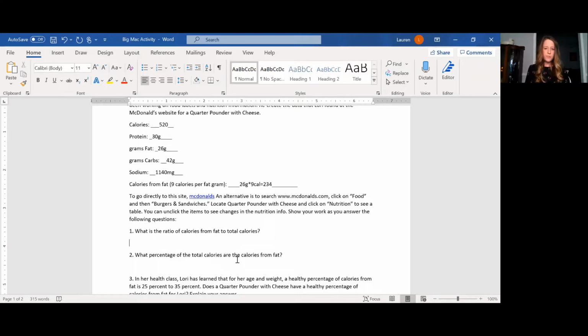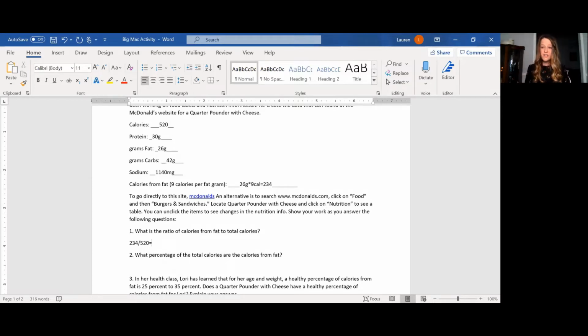to each other. And so we can look at what is the ratio of calories from fat to total calories. So we calculated the calories from fat as 234. You can think of this as a ratio to the total calories of 520.